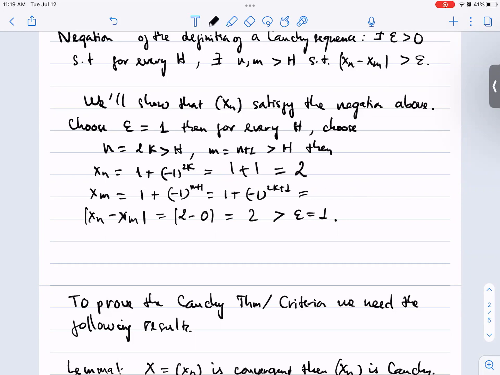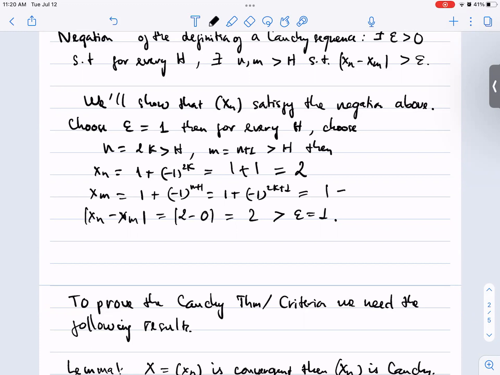Note that because the power here is 2k, an even number, (-1)^(2k) is equal to 1. For x_m, the power here is n plus 1, which is equal to 2k plus 1. That's why (-1)^(2k+1) equals -1.